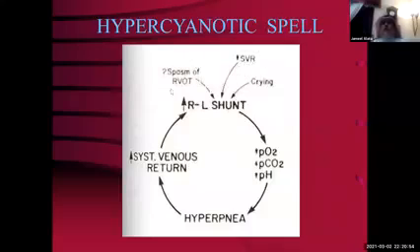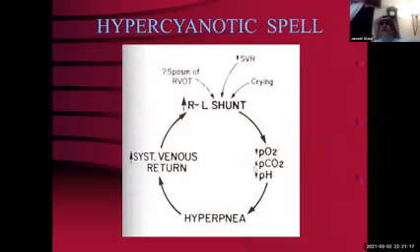And any cause of RVOT spasm, like during catheterization, or any medications that can cause that, can increase the right to left shunt. And once this is done, what happens? The arterial oxygen pressure will become low.